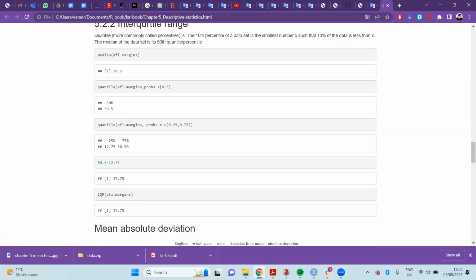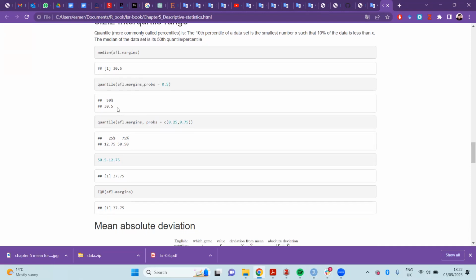Yeah, for example, here first we have the median of the data set, which is 30.5, and when we use the function quantile with probs 0.5, it gives us the same value as the median. But also we can obtain, for example, the 25% and 75% quantiles, by using this argument.